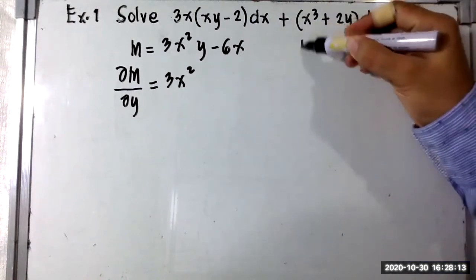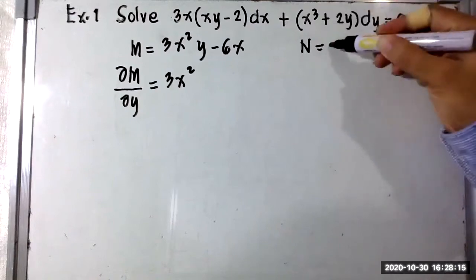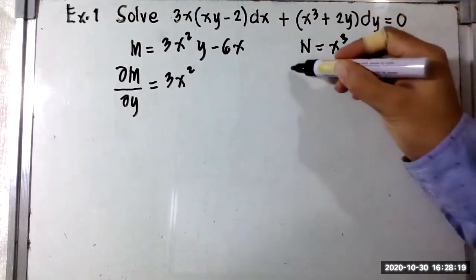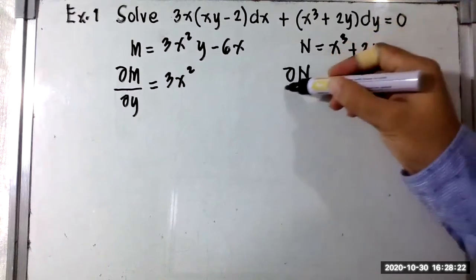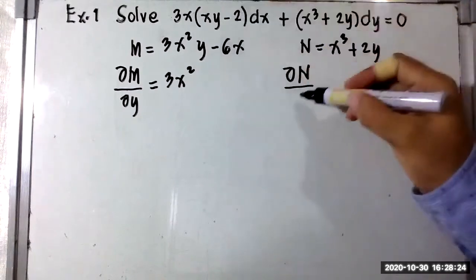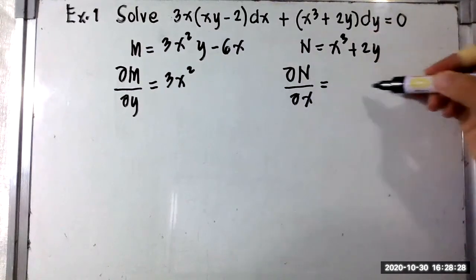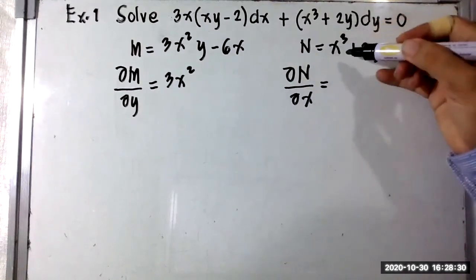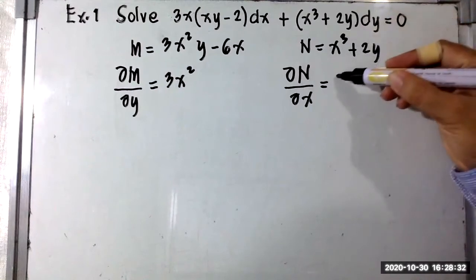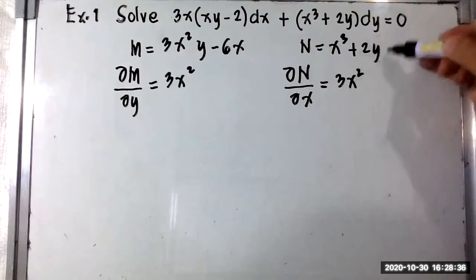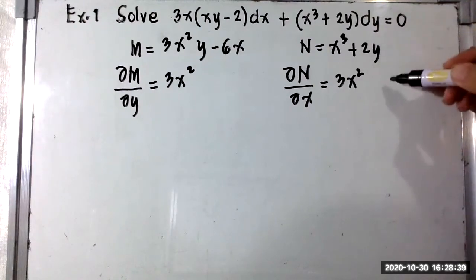Now we have N equal to x cubed plus 2y. We take the partial derivative of N with respect to x, so y is held constant. The first term is a function of x, so we differentiate it and get 3x squared, and differentiating the constant gives 0.